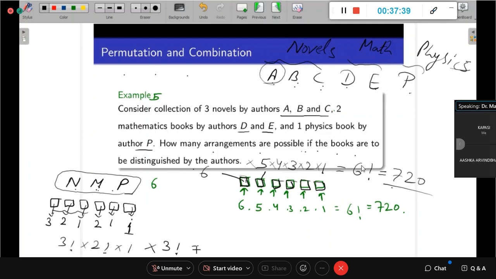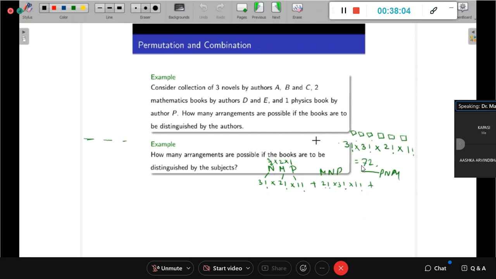So this is going to be 6 into 6 into 2, so it's going to be 72. So 72 arrangements are possible if the books are to be distinguished by the subjects. This is the answer for the next question.